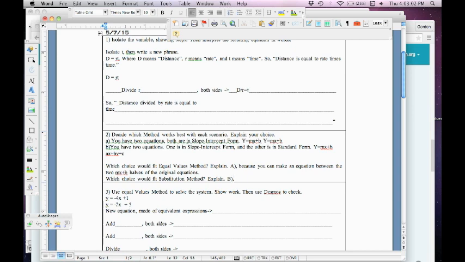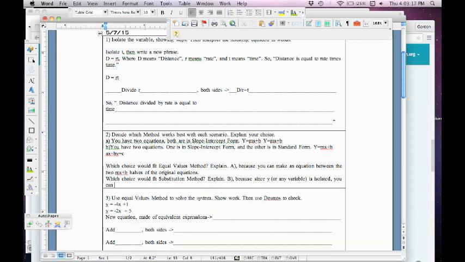So that's b because since y, or any variable, honestly, is isolated, you can plug it into the standard form equation to make a single variable equation.